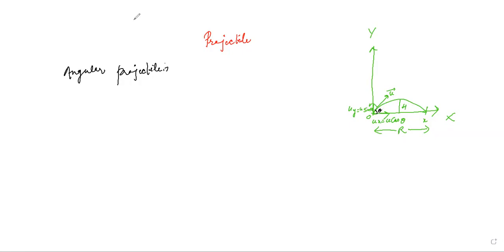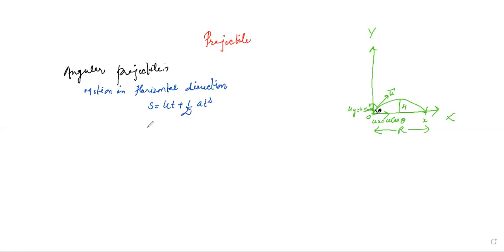First, motion in horizontal direction. Since we know the first kinematical equation, S equals ut plus half at square.